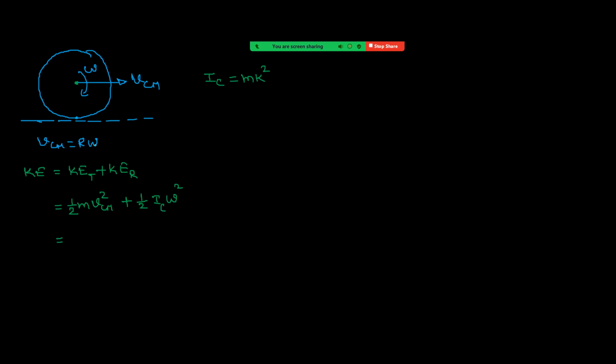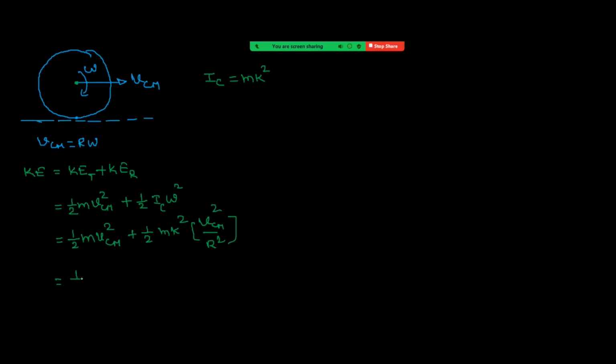Substitute that value here, and in place of omega, VCM by R. So half m VCM square plus half, in place of IC m k square, in place of omega VCM by R, so VCM square by R square.